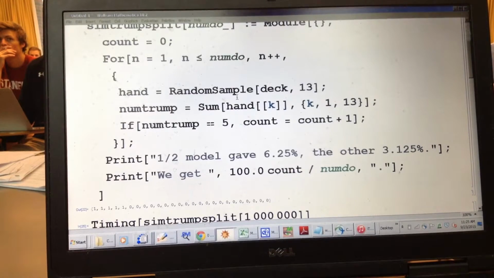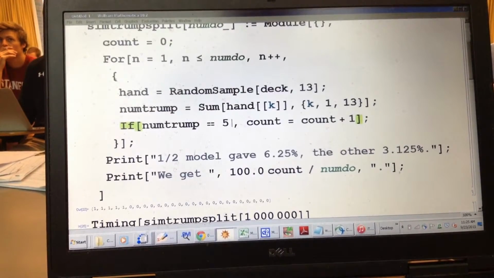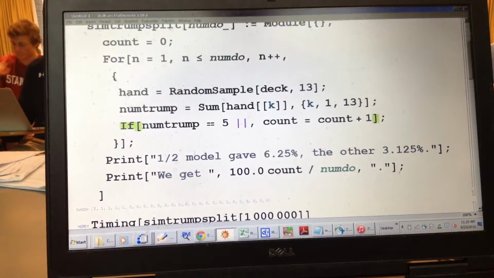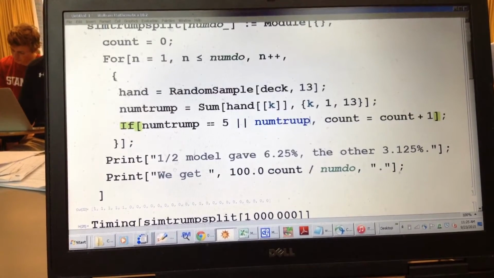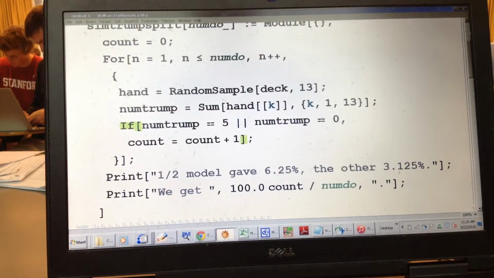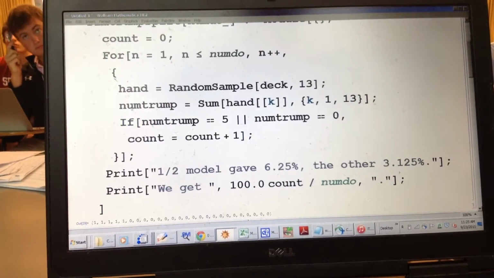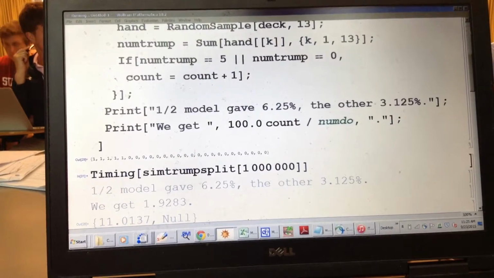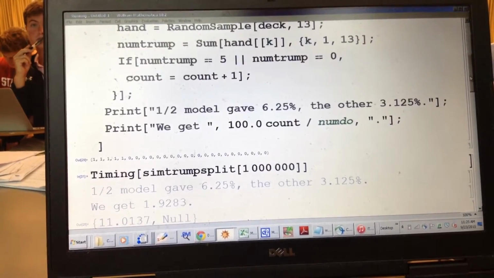So in Mathematica, we could do an OR command. If NumTrump equals 5, and then 2 vertical lines means OR, NumTrump equals 0, then count equals count plus 1. Do I have to worry about both people getting dealt all 5? No. All right, so now, if I run this again, I'm now running it at 100,000.